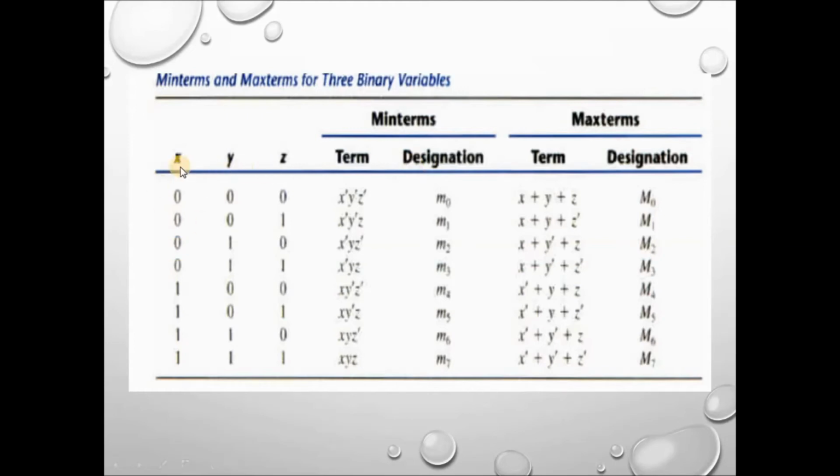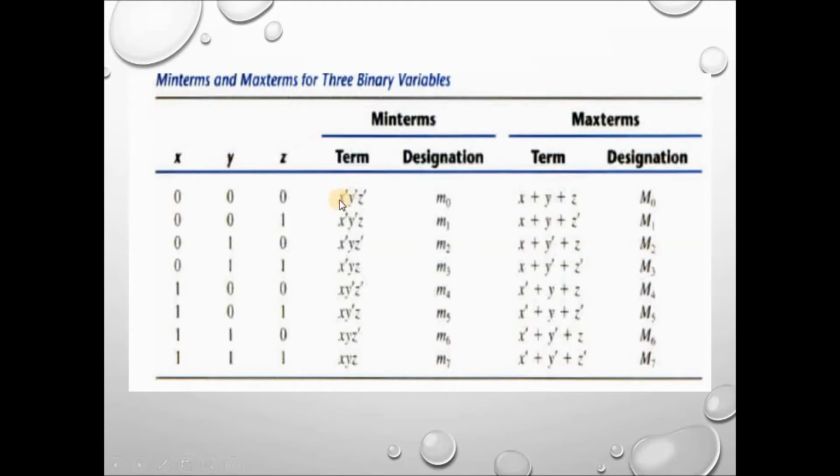Here is also the same truth table. In the case of a min term, you write exactly what is in the truth table. Where x is 0, you write x bar; y is 0, y bar; z is 0, z bar.